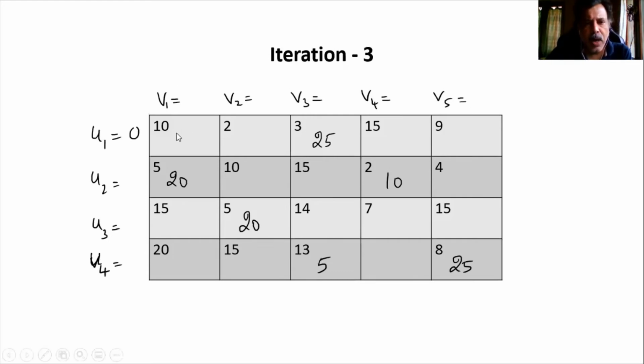Now let us find out whatever is possible. 0 plus something, I should get this 3, so that something should be 3 here. Now coming down, there is an allocation. 3 plus something, I should get 13. That means this something should be 10. 10 plus something, I should get this 8. So that something should be -2.